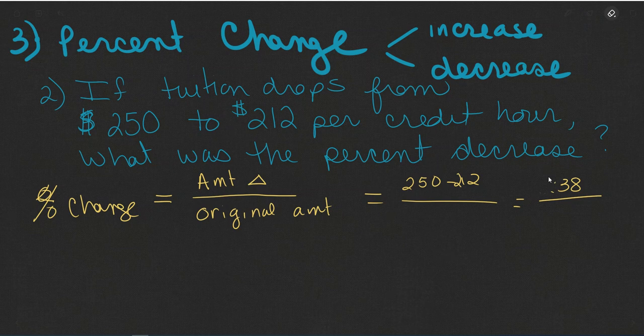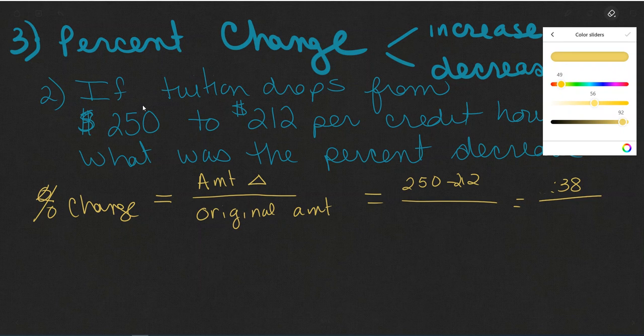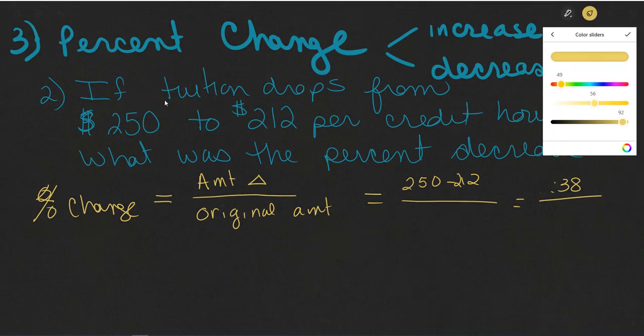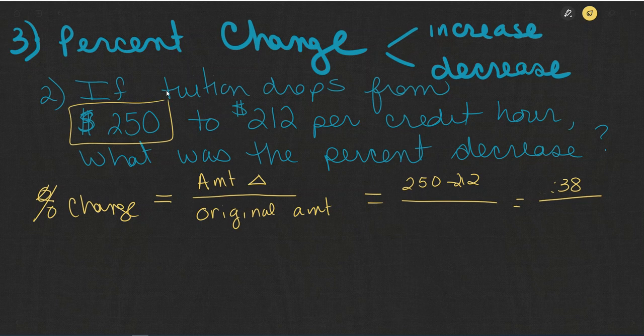And then the original amount, do you see that the original amount is going to be the 250, not the 212, but the 250. Because if it's dropping from 250 to 212, the original tuition was the 250.